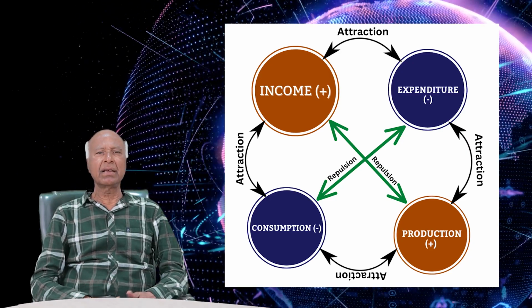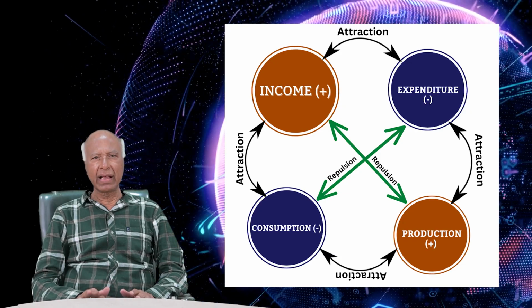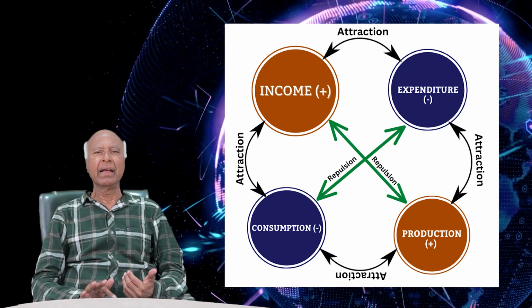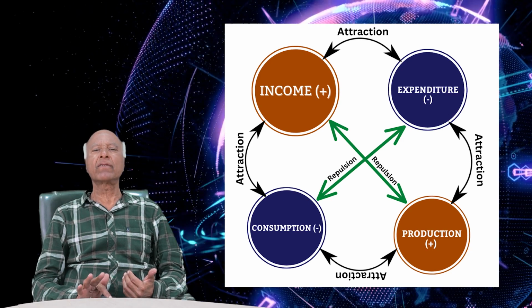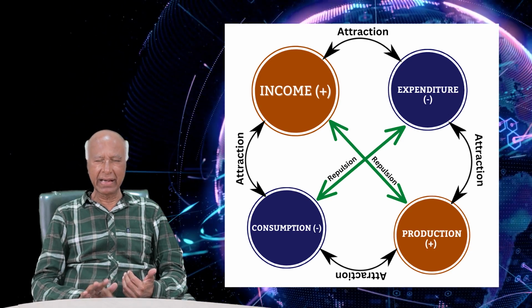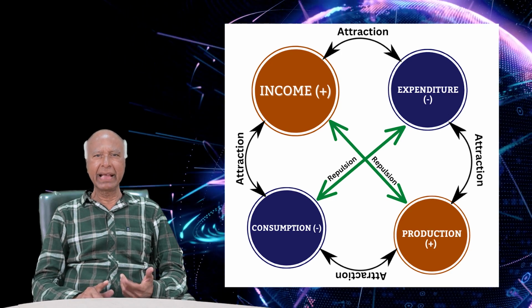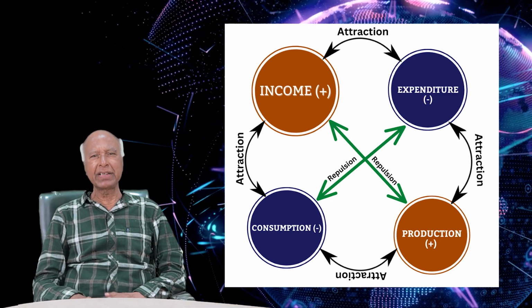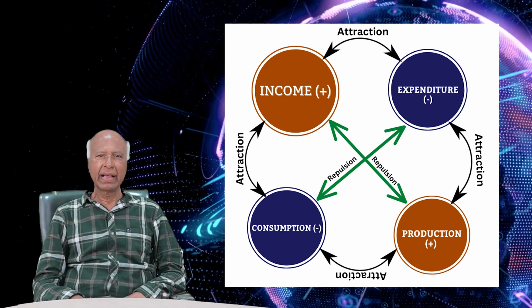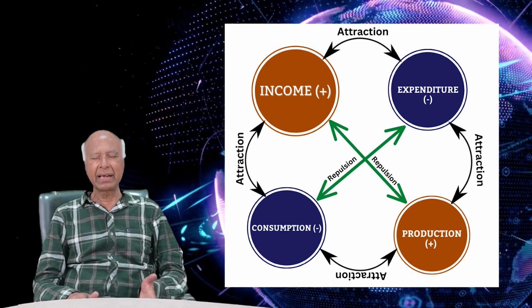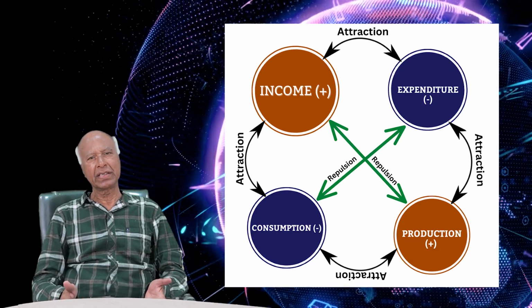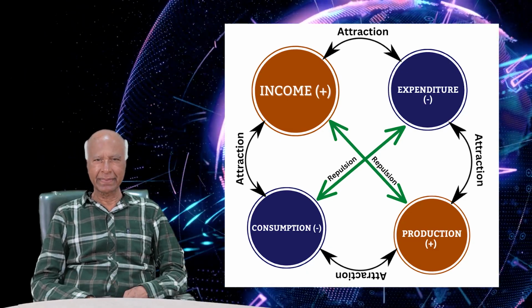If the income flows in, the expenditure in the shape of consumption is the minus. That is, income minus expenditure on consumption is the resultant. If there is a balance, in simple form it is the saving.